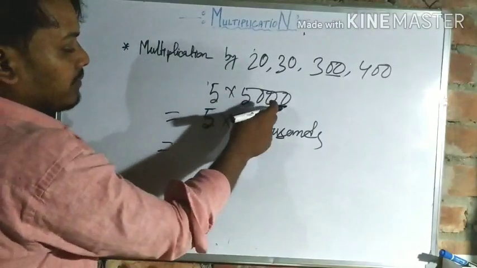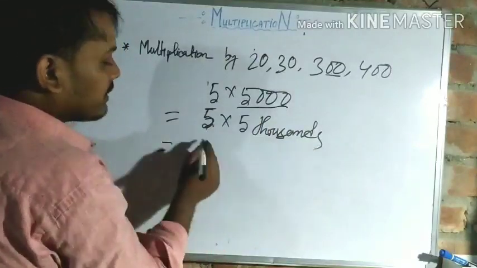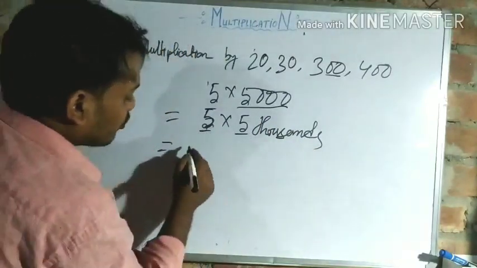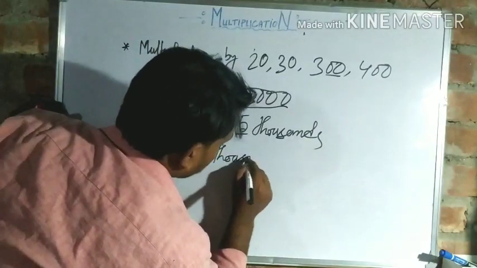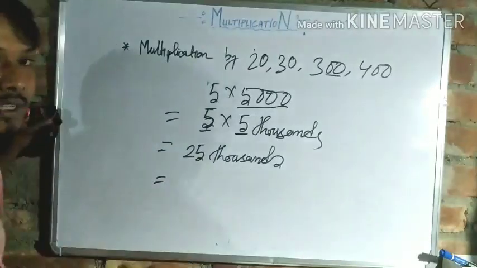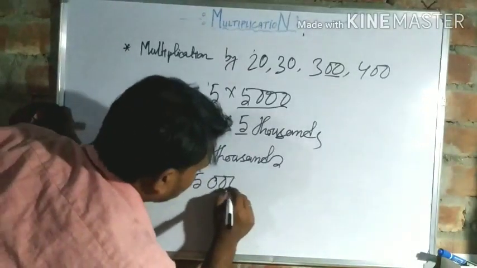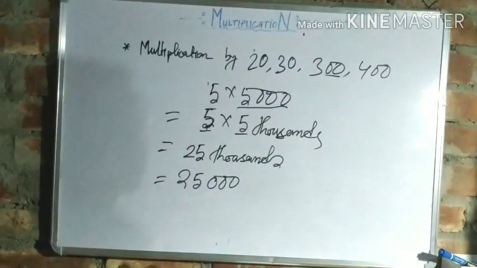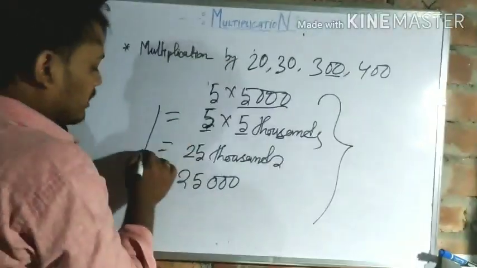So 5 into 5,000, that means 5 into 5 thousands. Now 5 times 5 is 25. So 25 thousands. So 25,000 in numerals, that means at the last 3 zeros. So this is the actual process, but no need to show these two lines.